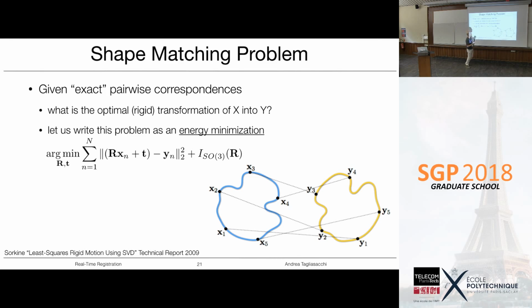I insert this indicator function that will give me infinity, some function where I plug in a matrix R, and it will be very unhappy if I give it something which is not a rotation. This is a way of encoding a constraint saying that R wants to be a rotation matrix. In this case, I'm asking it to be part of the SO(3) group, or SO(2) in this case, considering the example is in 2D.